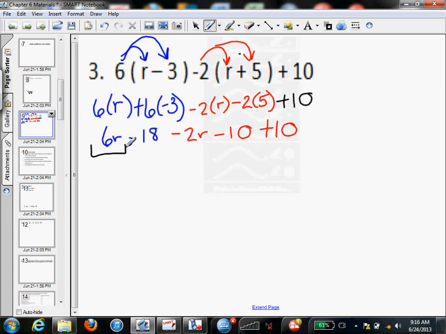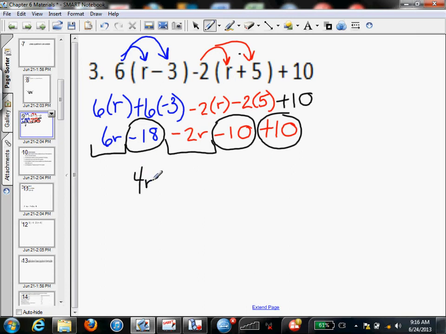We see that 6r and negative 2r are similar terms, and negative 18 minus 10 plus 10 are also similar terms. Let's bring the r's together: 6r minus 2r is 4r. Negative 18 minus 10 plus 10 just leaves us with negative 18.